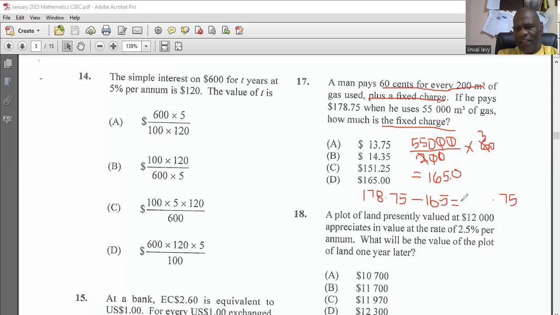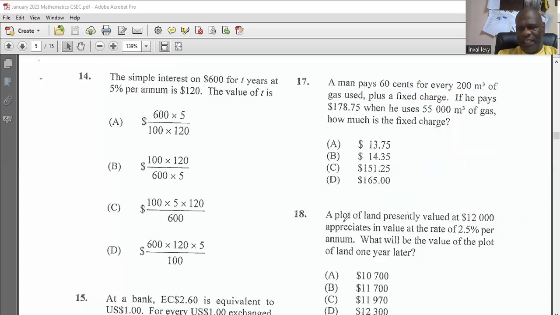Right? And then 5 from 8 is 3. Then 6 from 7 is 1. 1 from 1 is 0, so it's $13.75. So your answer is A. All right? Just get that clear. Clear that and go to number 18.